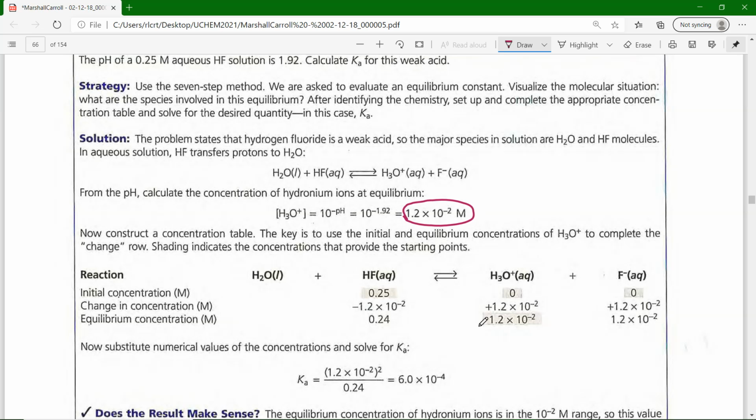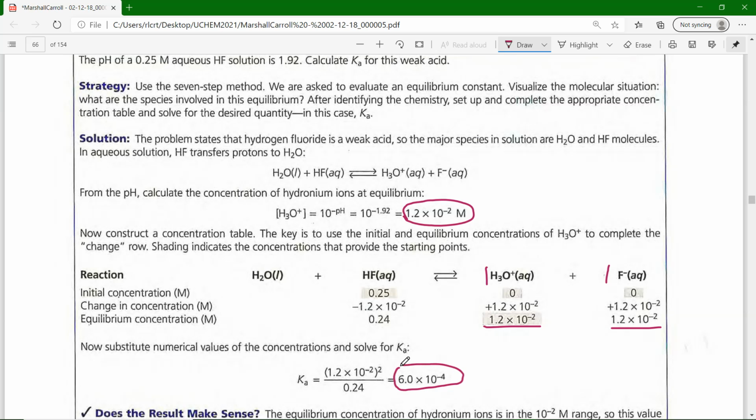So at equilibrium, my H3O+ is 1.2 by 10 to the minus 2, and it's a 1-to-1 ratio with my F-, so the anion is also 1.2 by 10 to the minus 2. I started with 0.25 of the HF. I lose 1.2 by 10 to the minus 2, so I end up with 0.24 if you care about sig figs at all. So then my Ka is 1.2 by 10 to the minus 2, squared, over 0.24.